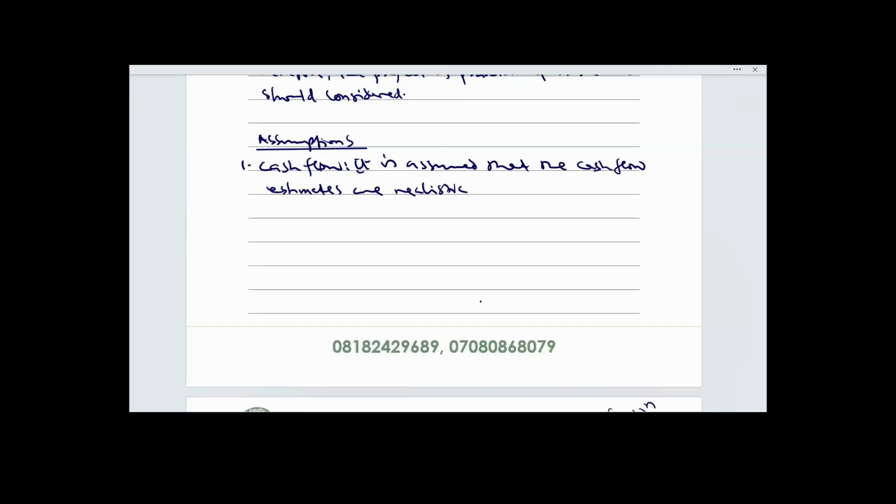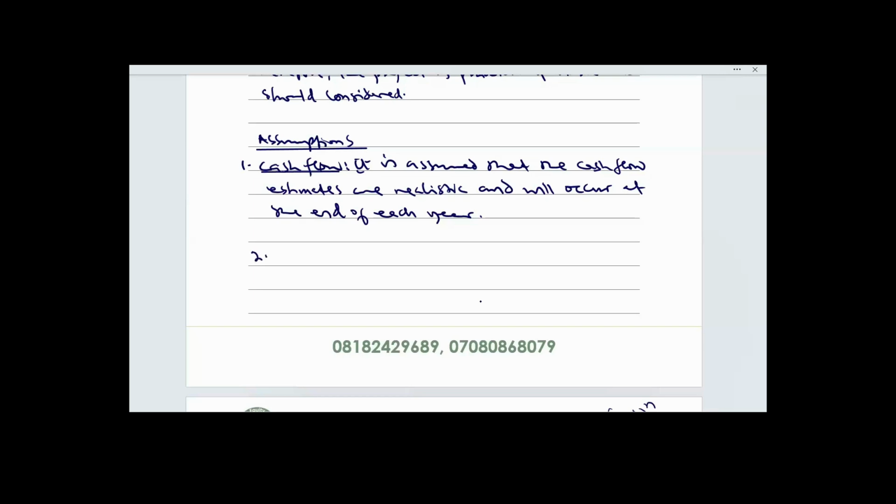So our assumption is that the cash flow estimates are realistic. That is, the company is going to earn them. The actual will be the same thing. And they occur at the end of each year. So that's our assumption under cash flow.